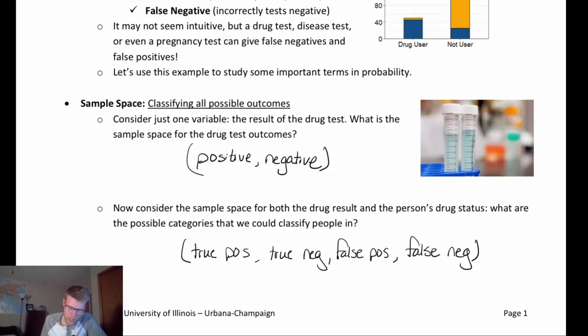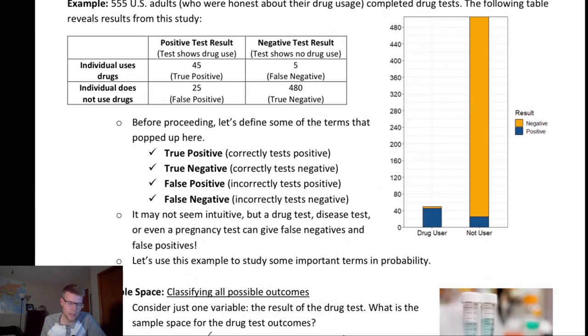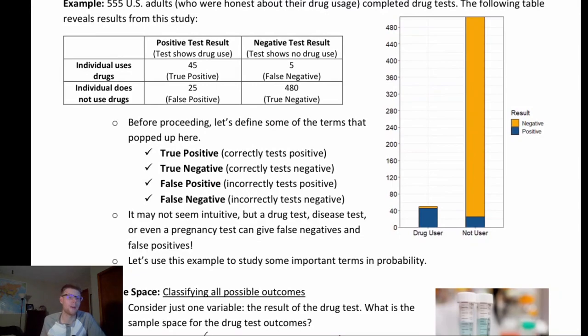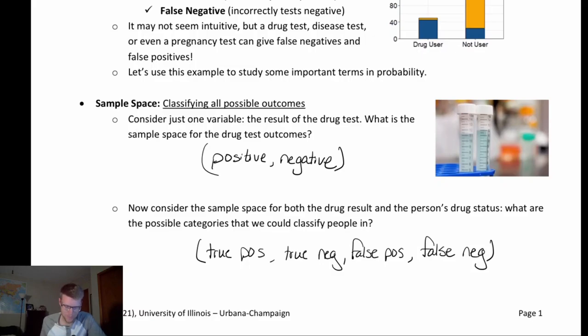And so that would be the sample space if our variable of interest is combining both together. If we're interested in both the person's drug test status as well as their personal status and how those things get added together there.